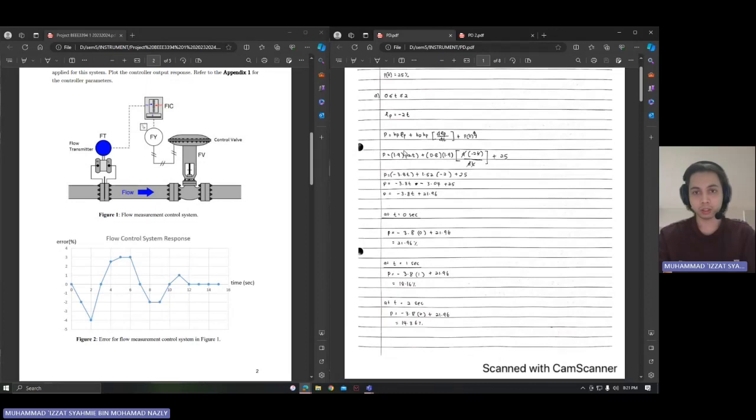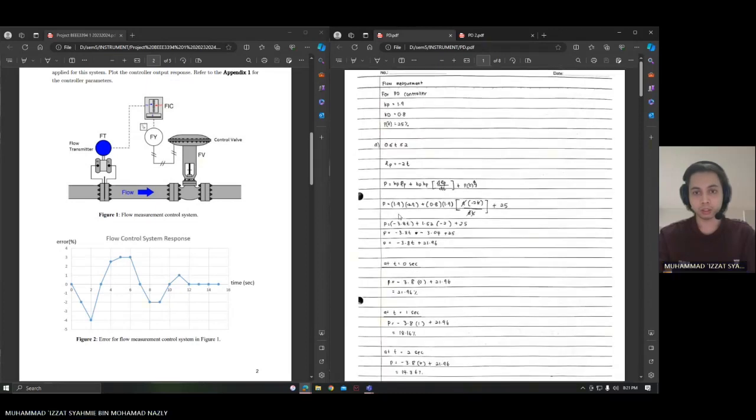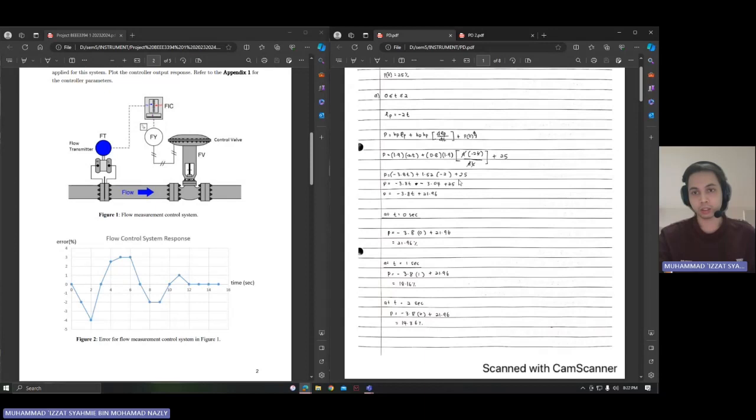We insert all the given values into the formula: Kp 1.9 times Ep negative 2t, plus Kd 0.8 times Kp 1.9 times dEp/dt, 0.2t, and then plus 25. We cancel out the d and dt, and after we simplify, the answer is negative 3.8t plus 21.96.